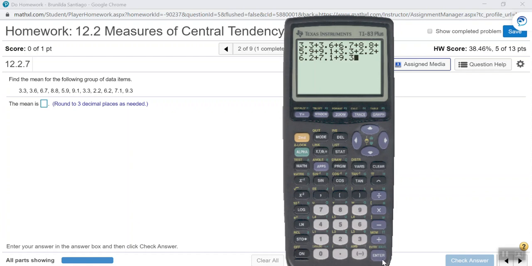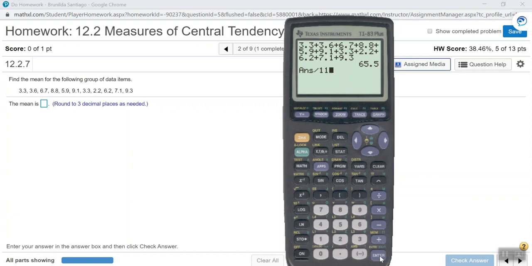So hopefully I didn't miss any decimal points, and then we count the data: 1, 2, 3, 4, 5, 6, 7, 8, 9, 10, 11. So find the sum, enter, and we divide it by 11.